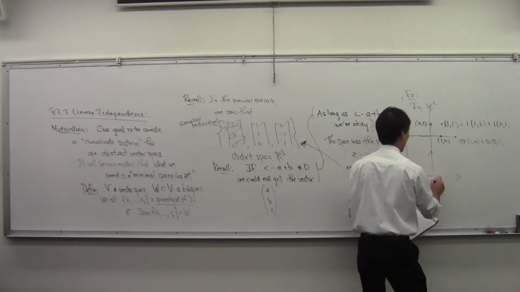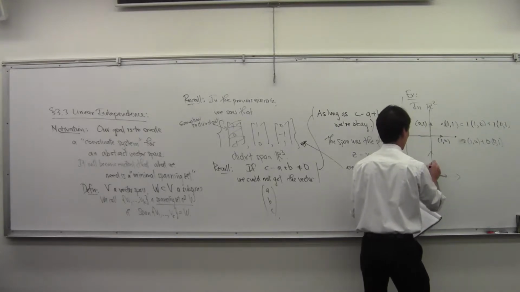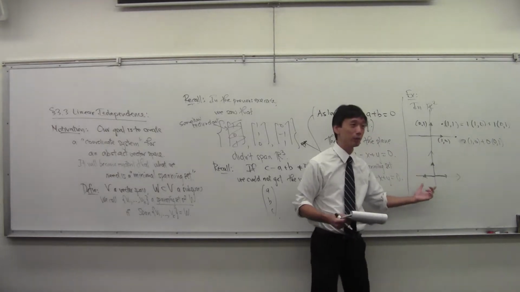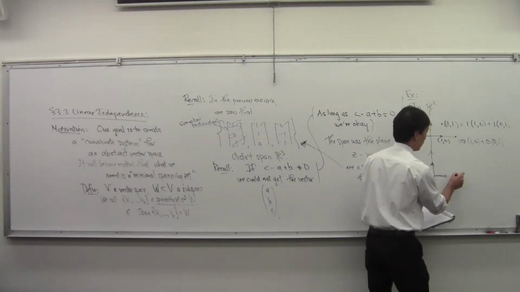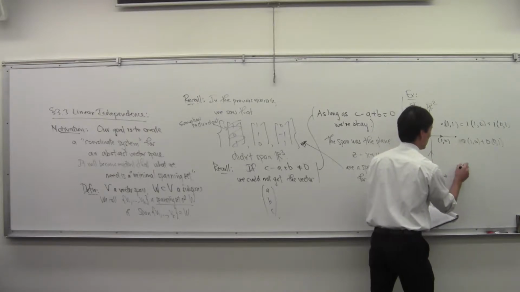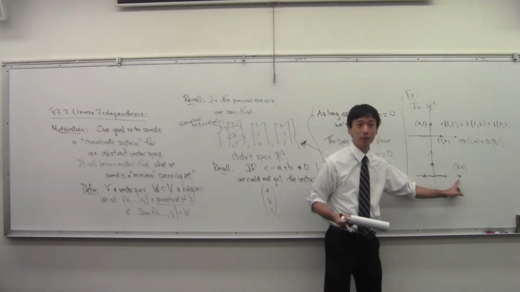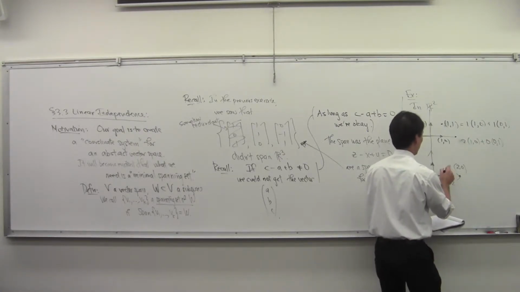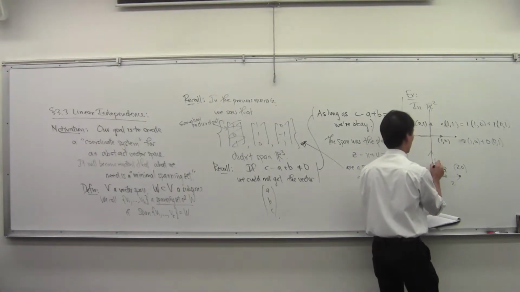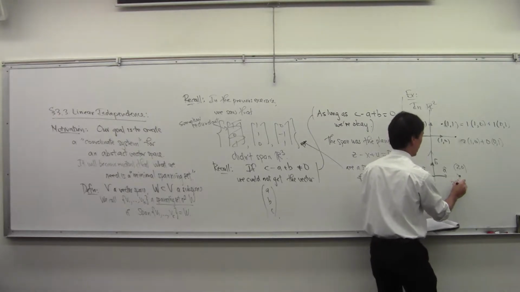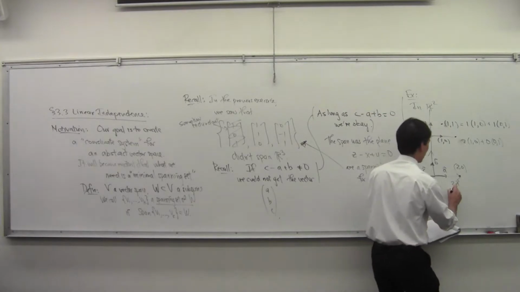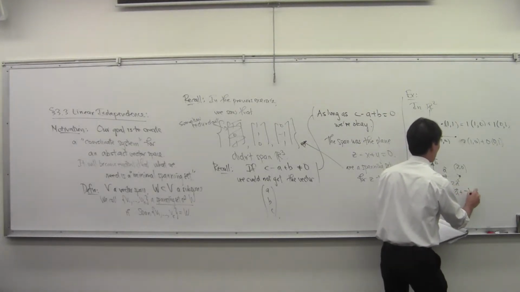If I throw in a third vector, then I have sort of too many ways of expressing the same thing. So for example, the (2, 0) vector is now expressible as, let's call these guys A, B, and C. I could call it 2A, but I could also call it 3A plus negative 1C.